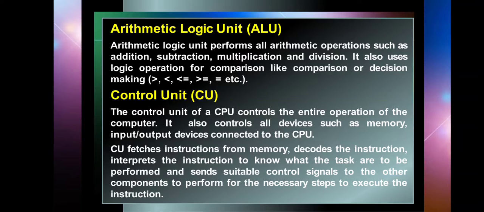ALU performs all the operations like plus, minus, multiply, divide, greater than, less than, equal to, and the control unit takes control of the entire operation of the computer, and it also controls all devices such as memory and input output devices connected to the CPU. It performs the task and sends suitable control signals to the other components to perform the necessary steps to execute the instruction.